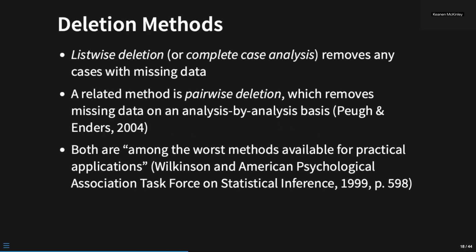Traditional methods. There's listwise deletion, which is going to remove any cases with missing data. So if students are missing even one variable, that student will be completely removed from the data set. There's a related method, pairwise deletion. But the point is that these two methods are, in general, the worst that are available when it comes to research.